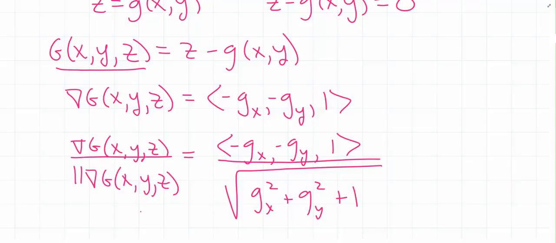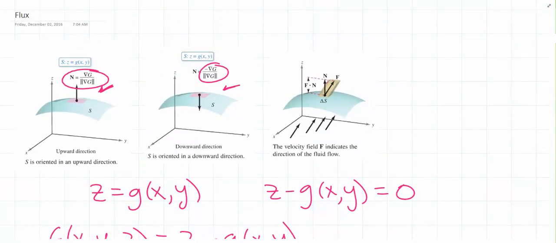Okay? Now, that right there is what I will call the unit normal vector. And what we're looking at here is this vector pointing away like this. They're using capital N there, I use lowercase.